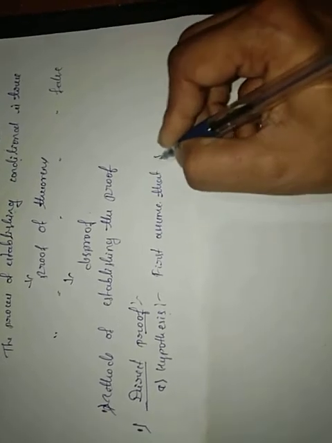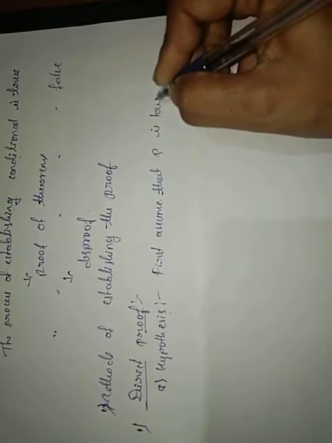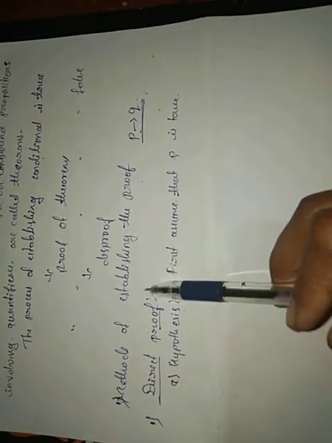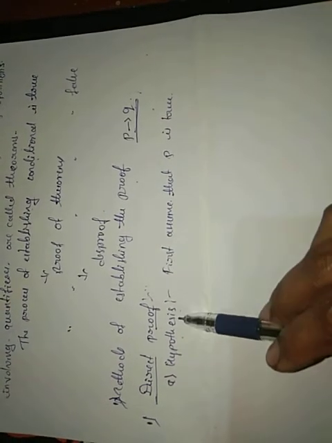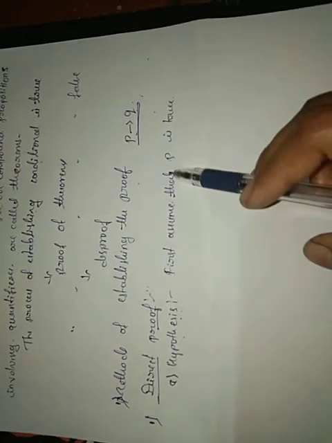that P is true. Why are we considering P? Because we have a given conditional proposition of the form P implies Q, and to prove the theorem we have to prove the conditional is true. So the first method is the direct proof. In the direct proof, the first step is hypothesis: first we have to assume that P is true.